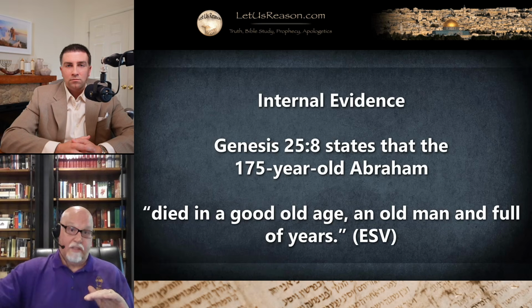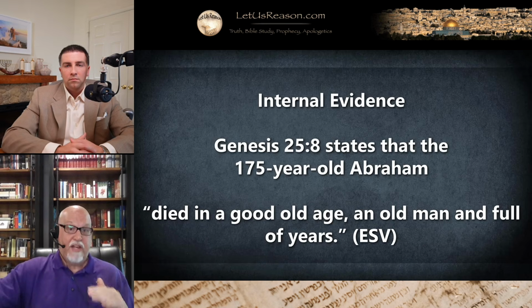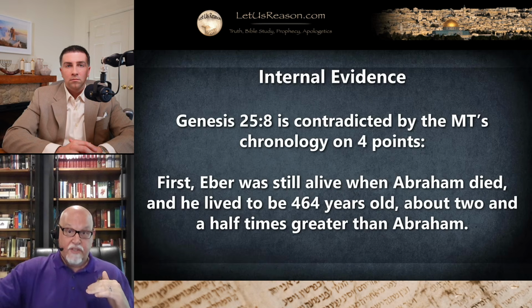Here is where I actually think there's an error in the Masoretic text, like an actual error produced by the systematic deflation, and that's the description in Abraham's epitaph that he died in a good old age, an old man full of years, at the age of 175. The problem with this is that in the Masoretic chronology, Eber is still alive and more than double the age of Abraham.